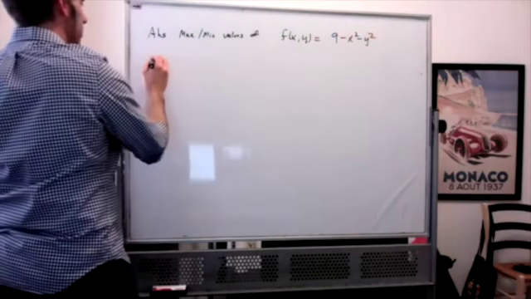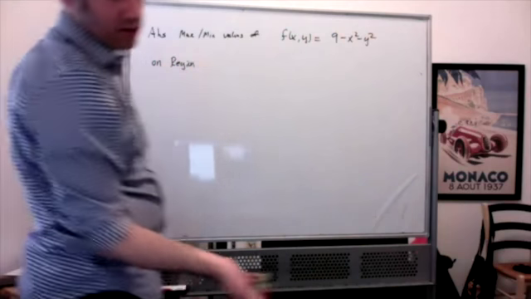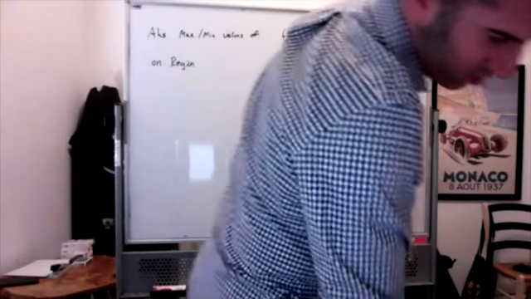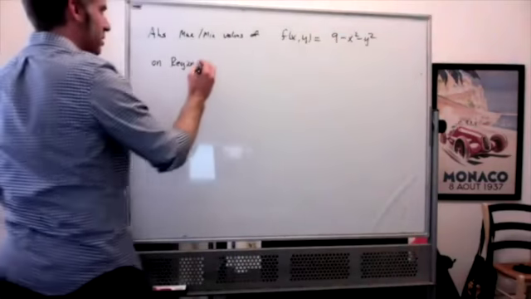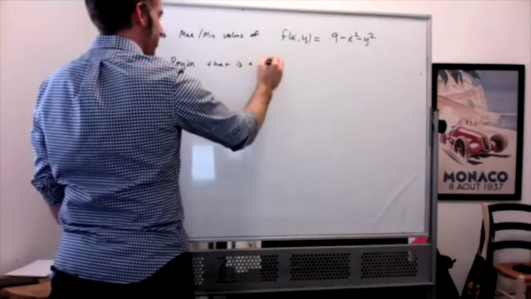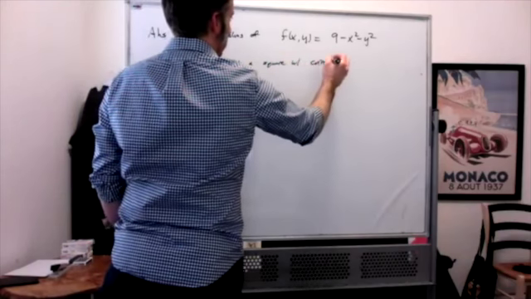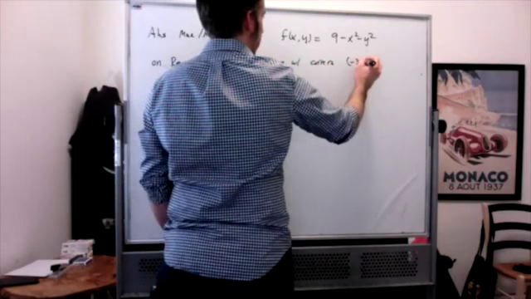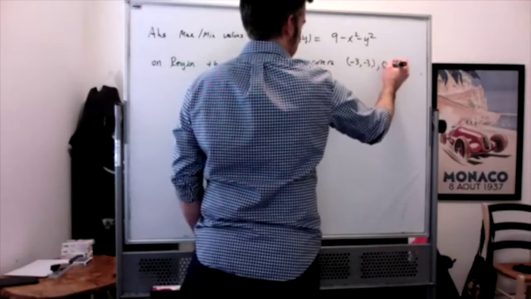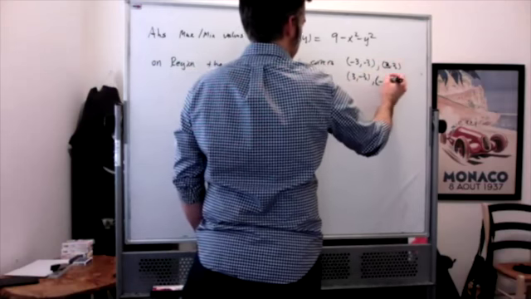And now I want to be on the closed boundary region that is a square with corners -3, -3, 3, 3, 3, -3, and -3, 3.